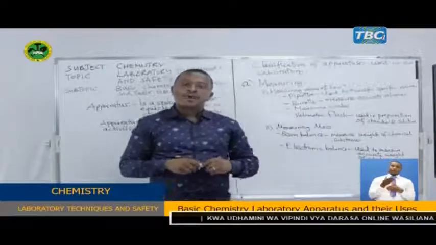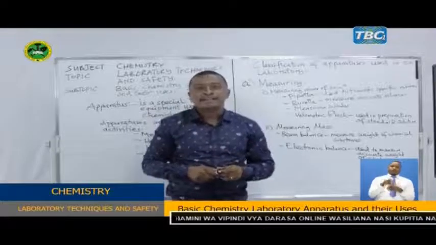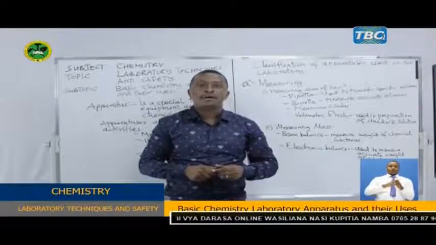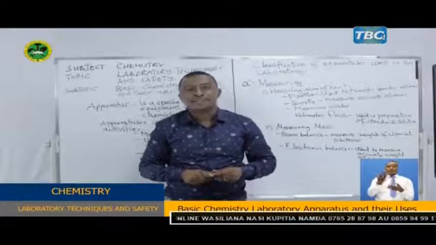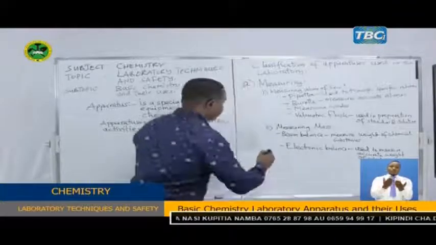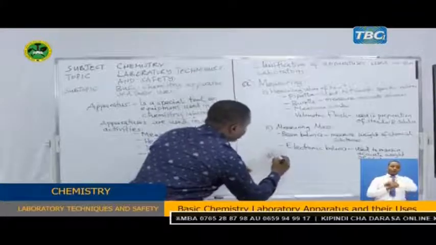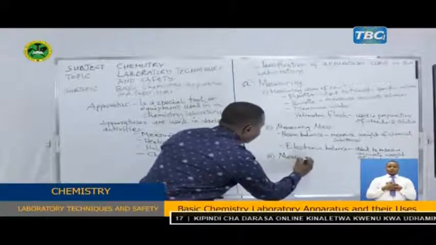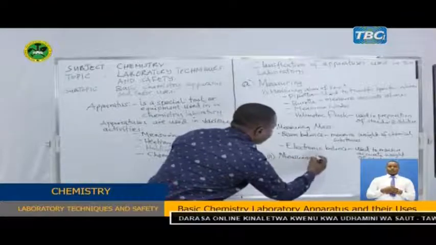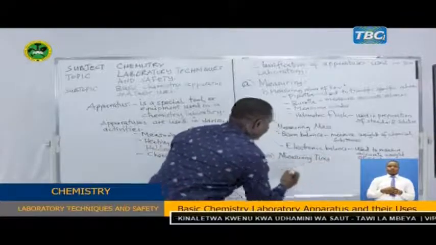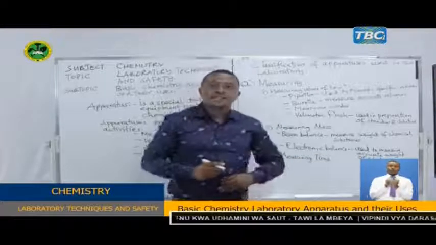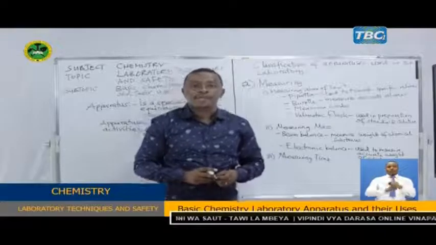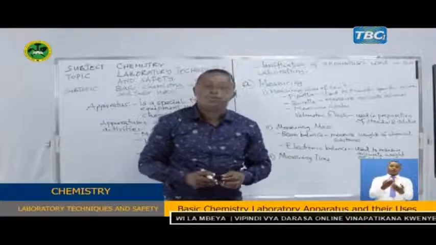Dear student, we also have some other apparatuses used for other types of measurement, such as time. The apparatus used in measuring time in the laboratory is known as a stopwatch.